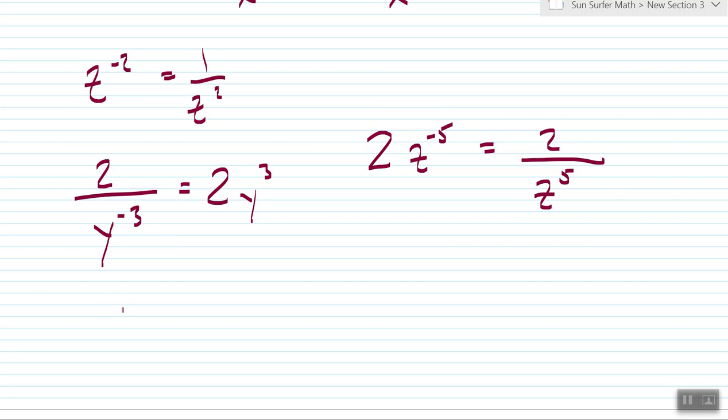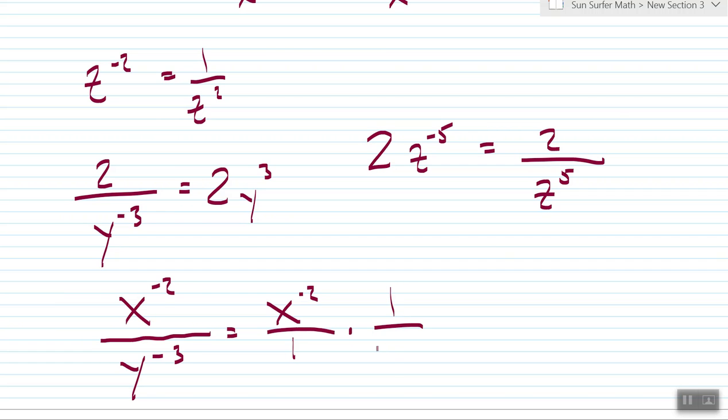Well, what if we have something in the numerator, like x to the negative 2, and we also have y to the negative 3 in the denominator? Well, we can simply think of this as x to the negative 2 over 1 times 1 over y to the negative 3. Because y to the negative 3 is in the denominator, x to the negative 2 is in the numerator.